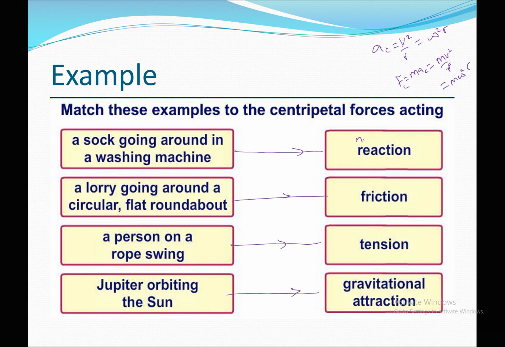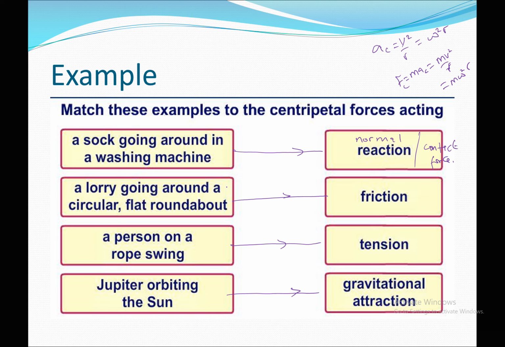It is actually the normal reaction, which is the contact force. A sock going around in a washing machine has the normal reaction force, which is the contact between the sock and the drum of the washing machine.